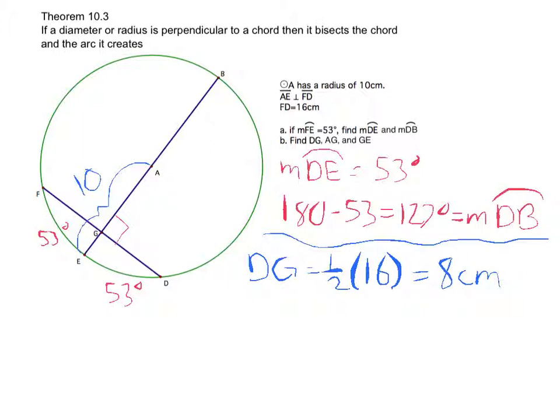So I know if I can find just part of it, then I'll be able to find the other part with subtraction. So I'm going to call this part AG x, and then I just found out that GD is 8. And now a little trick that you'll see here often in this section is that you actually have to draw in an extra radius. So I'm going to draw in the radius from A to D.